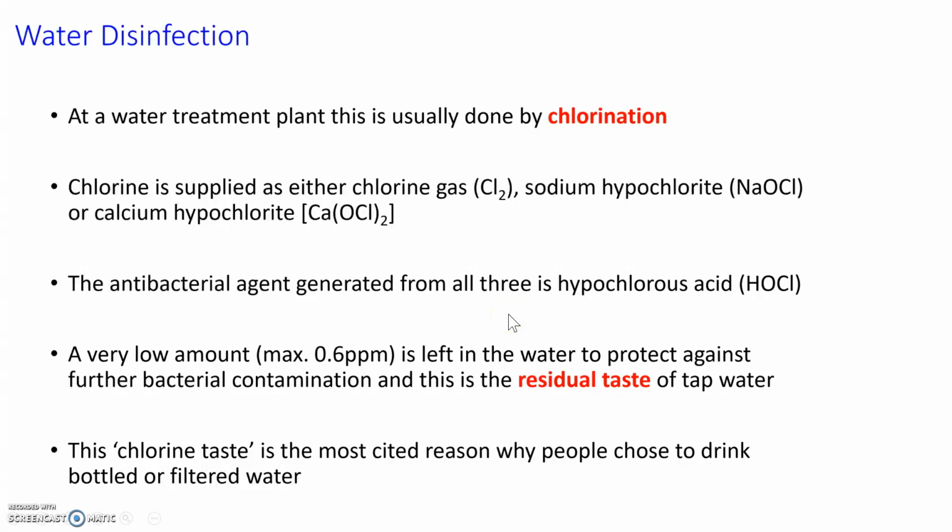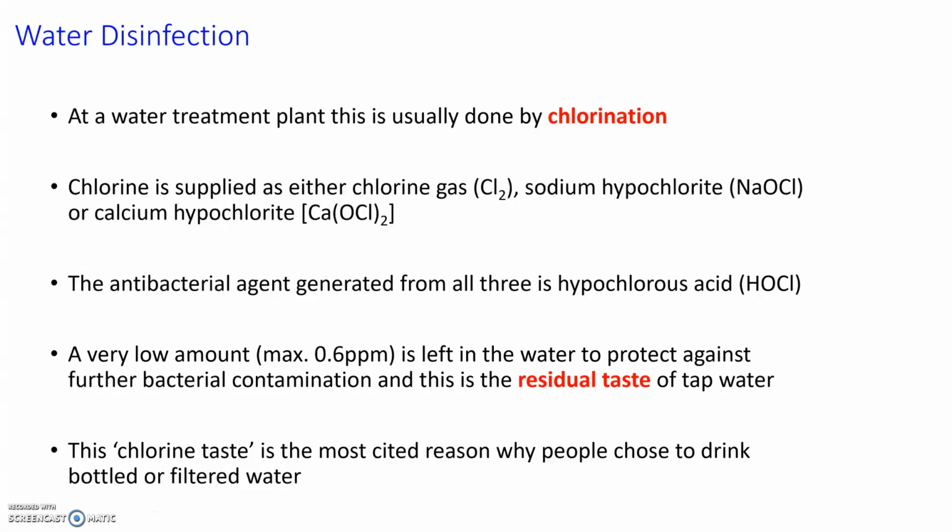There are other ways that we can disinfect water. For example, ozone can be added, or UV light can kill the bacteria. But the issue with those disinfection processes is that once the water leaves the treatment facility, bacteria can be introduced into the water, and there's nothing in that water to eliminate that bacteria.